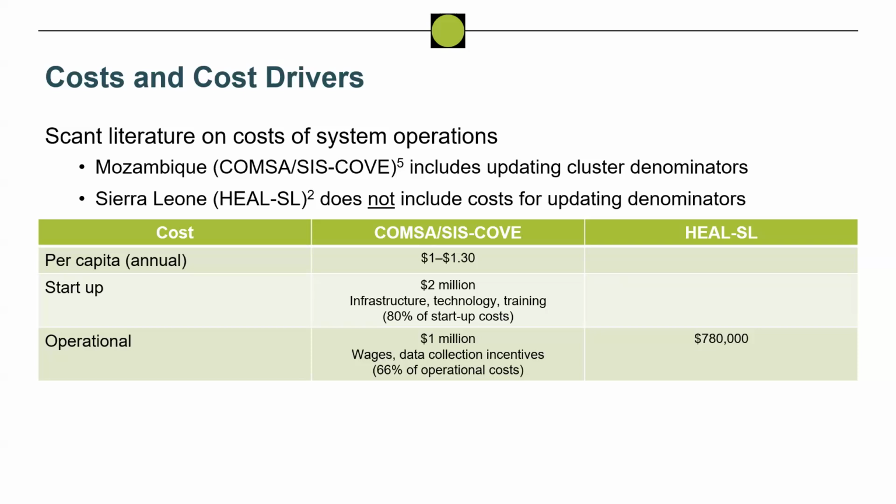For Sierra Leone, they had an operational cost of about 780,000 US dollars. What this meant for Ghana was that if we are able to start with an SRS and we're able to initially implement, set up the infrastructure, technology, and then train all that needs to be trained, we would be able to bring down the operational costs if we have a more integrated approach, leveraging what existed as a country.